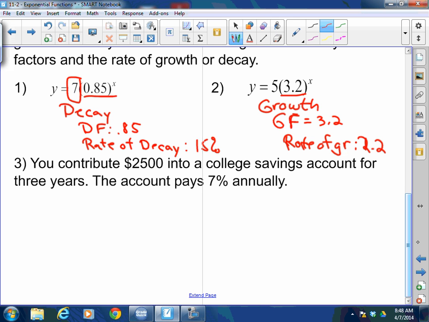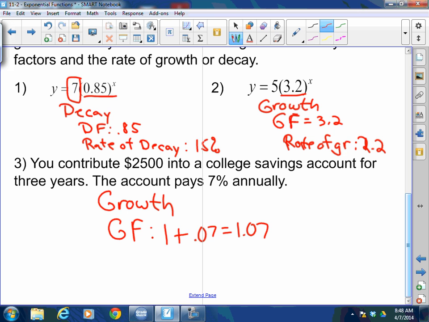Now, you contribute $2,500 into a college savings account for 3 years, and the account pays 7% annually. Would that be a growth or decay? It would be a growth. Okay. What would my growth factor be? It'd be 1 plus the rate of growth, so plus 0.07, so it'd be 1.07.